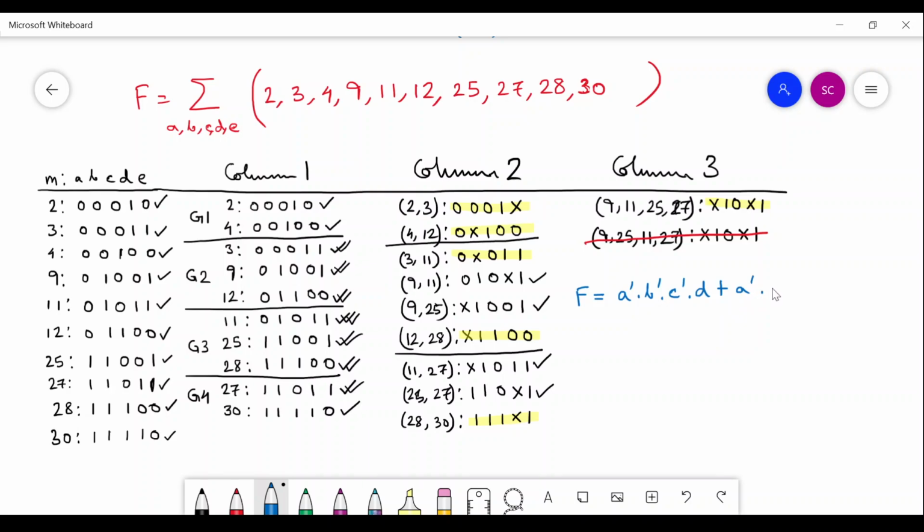A dashed, b is not there, c, d dashed, e dashed, plus a dashed, c dashed, d, e, plus this one. So this one is b, c, d dashed, e dashed, plus this one is a, b, c, e, plus b, c dashed, e. So you get the final expression.